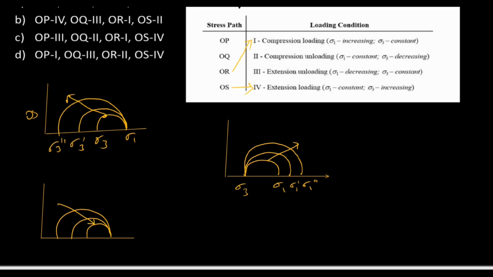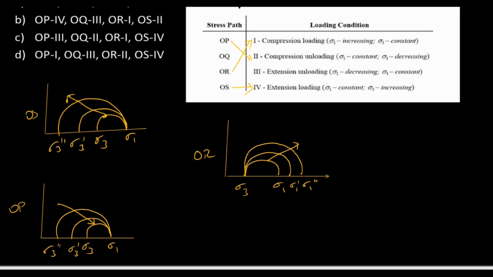So OP will be like this. So it is sigma 1, sigma 3 dash, sigma 3 double dash. So sigma 3 is decreasing and sigma 1 is constant. That is for OP.